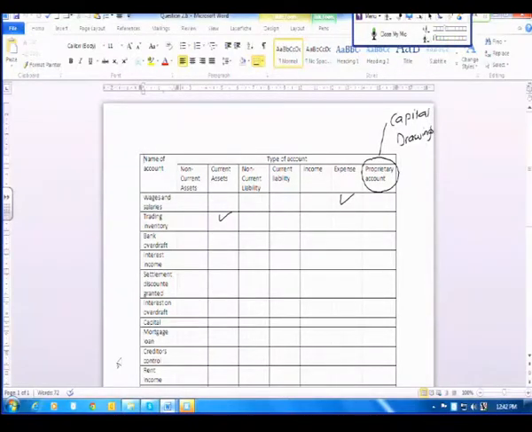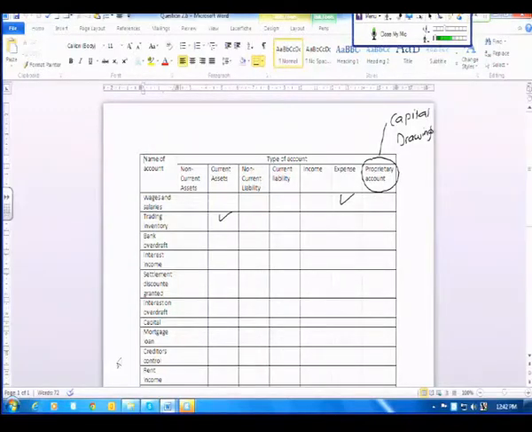So, bank overdraft. We spoke about bank overdraft. Is it an asset? No, definitely no. I can see you shaking your head. I think it's something like a liability, but what kind of liability?